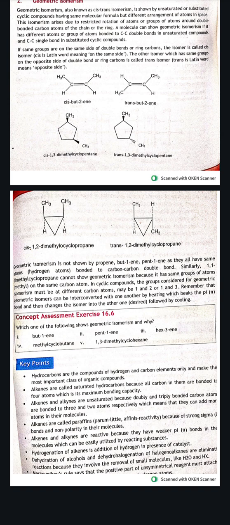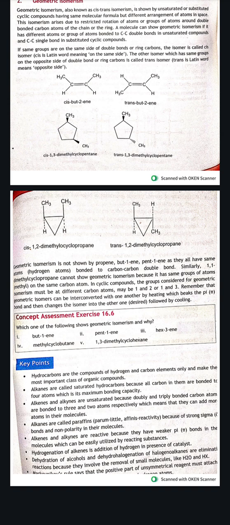Like we have cis-butene, where both the CH3 groups are present on the same side of the carbons, and trans-butene, when the alkyl groups are present on opposite sides.